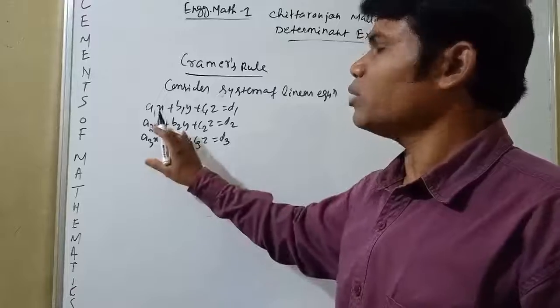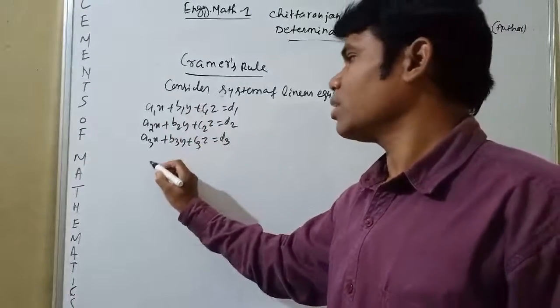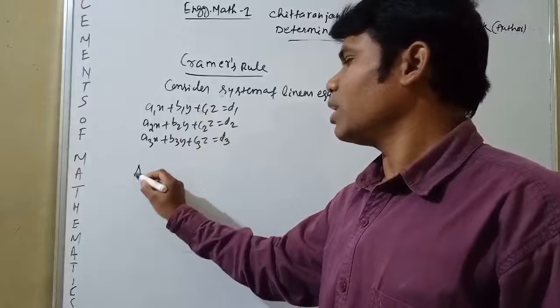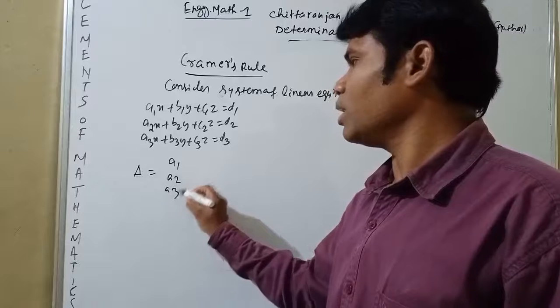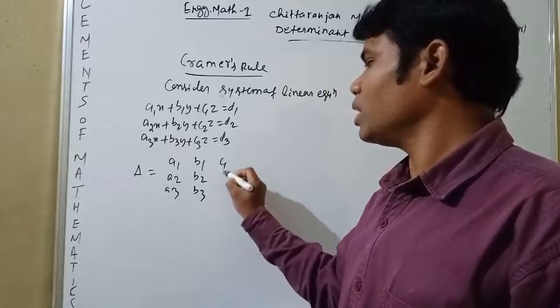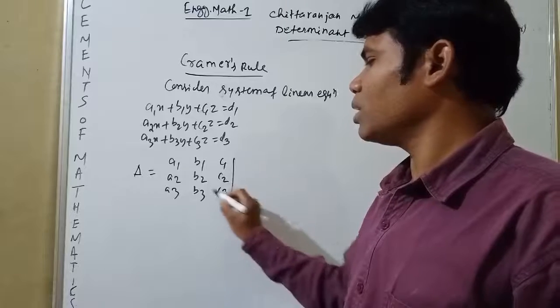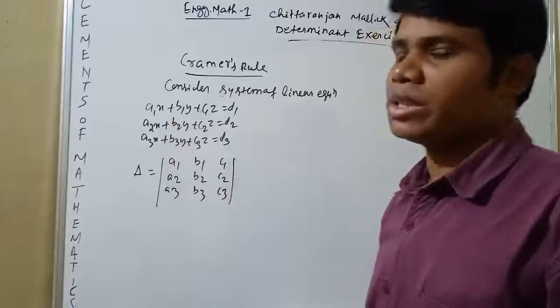Now you choose the coefficients of x, y, z. Del is equal to the determinant of a1, a2, a3, b1, b2, b3, c1, c2, c3. Del means the determinant of the coefficients of x, y, z.